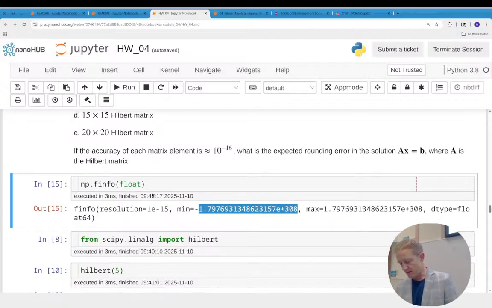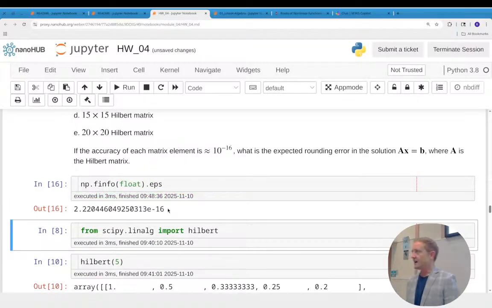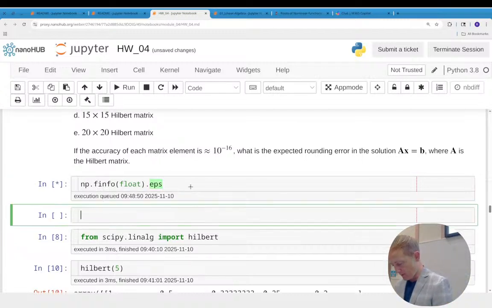Same thing for this resolution, and then also this epsilon. This is the smallest number that you can add to 1 and actually make a difference, which is kind of weird, but it's just a limit of the computer.